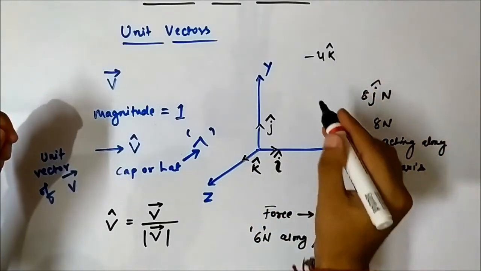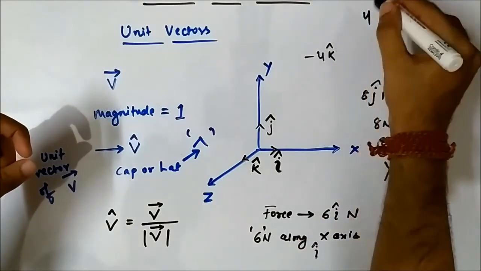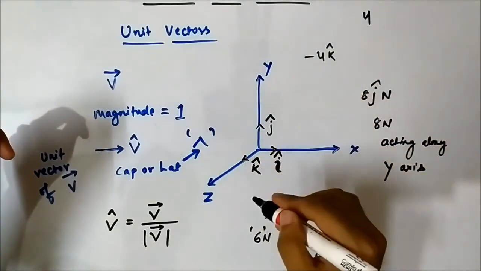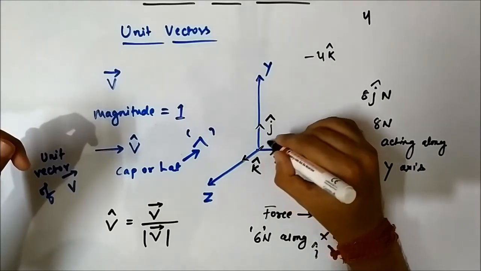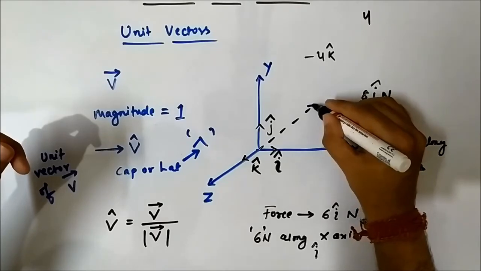Here the magnitude of that vector quantity is 4 because the modulus, the absolute value, is taken, but the direction is the negative direction of the z axis.